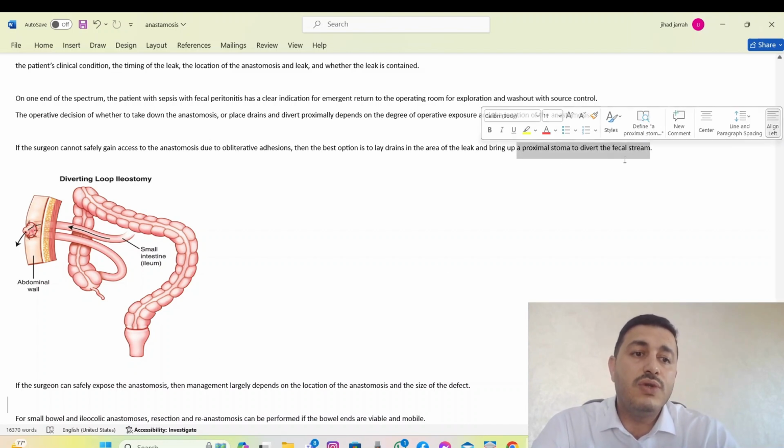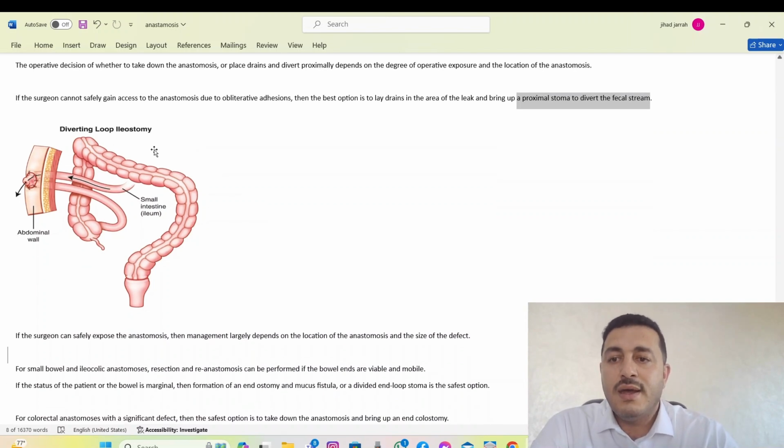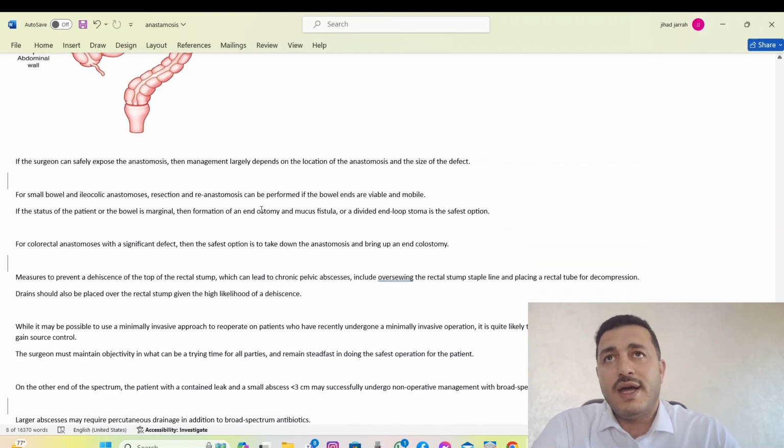A proximal stoma to divert the stool. This is just a picture to imagine what proximal diversion means. Okay, we talked about how the more distal the anastomosis is, the harder to deal with, and the more proximal, the easier to deal with.